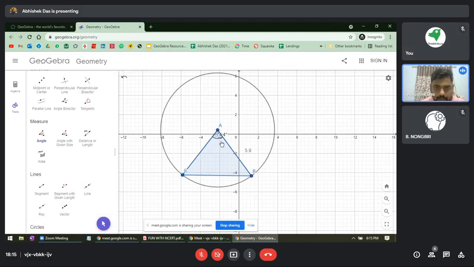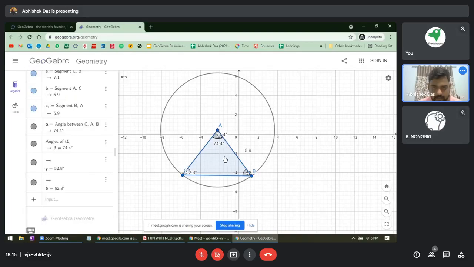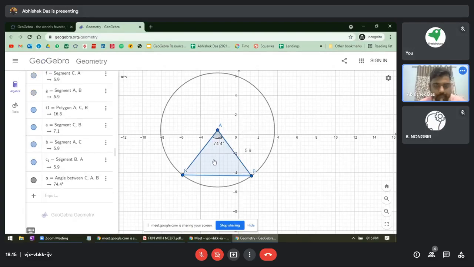CAB is equal to 74.4. Yeah, 74.4. Now, let's check the formula for r theta.